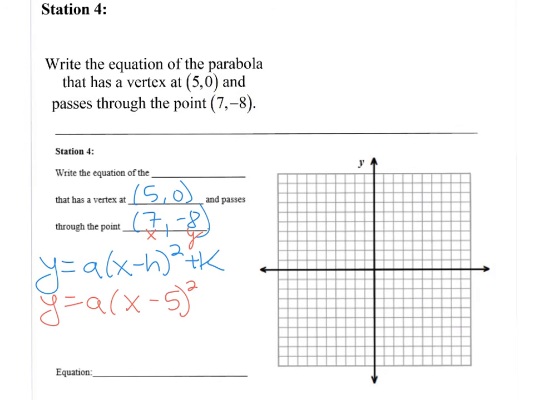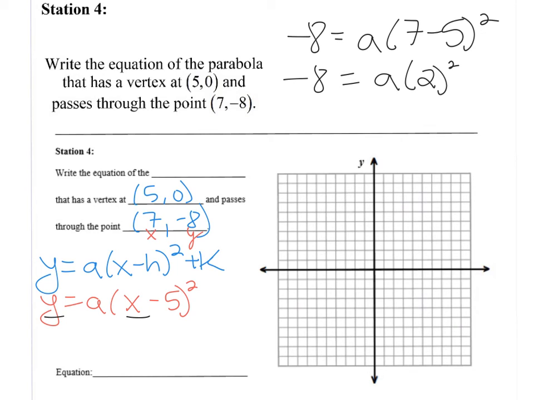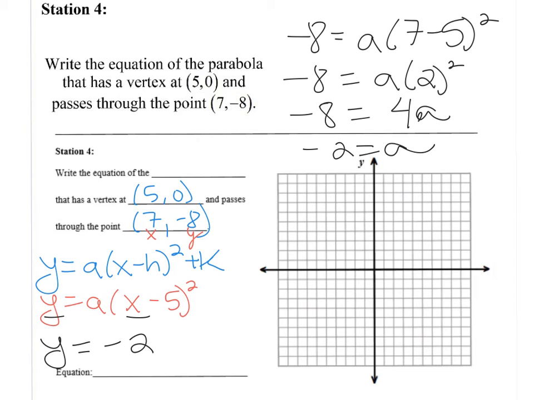We can plug them in to x and y and get a. So go ahead and do that. So I got -2. So y equals -2(x minus 5) squared.